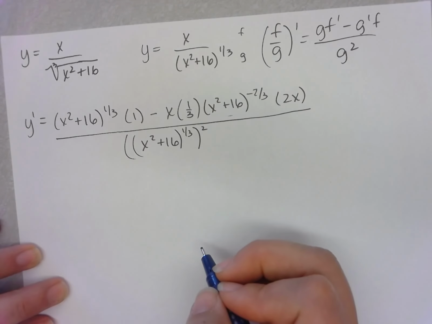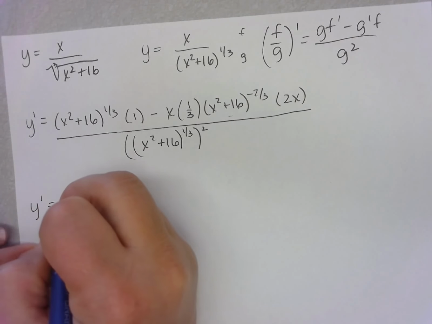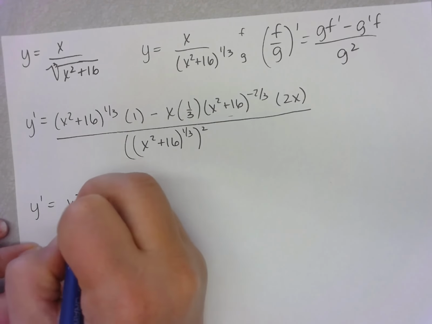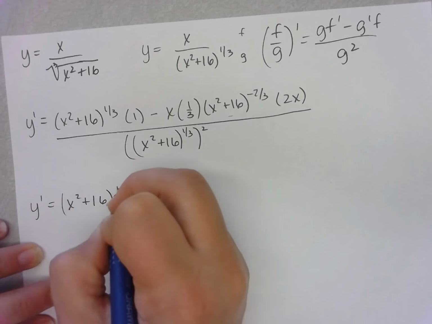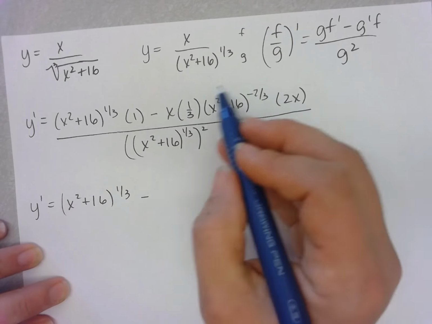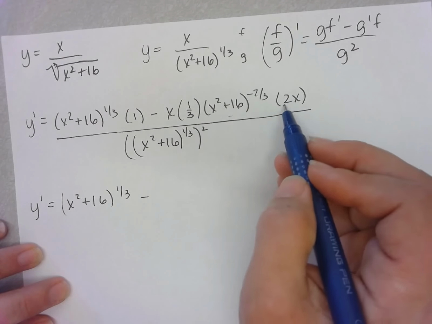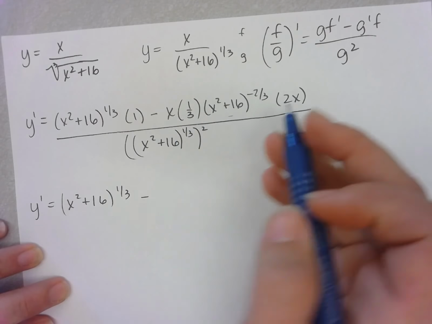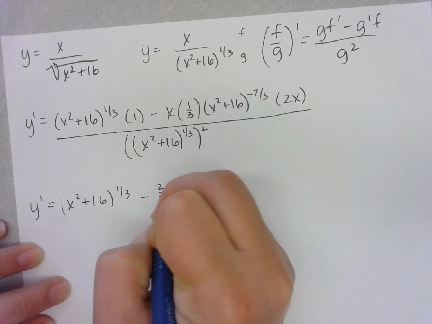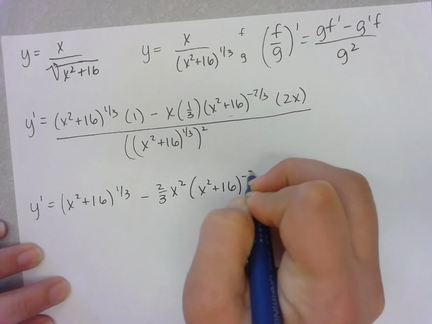All right, so again, I would like it if you would write it this way. I'm going to drop this 1 in the first term, so x squared plus 16 to the 1/3, and then minus, I can put all the terms not raised to this weird power together, so this would be x squared, and then 1/3 times 2 is negative 2/3 x squared plus 16 to the negative 2/3.